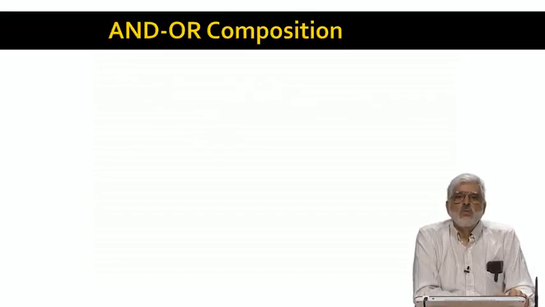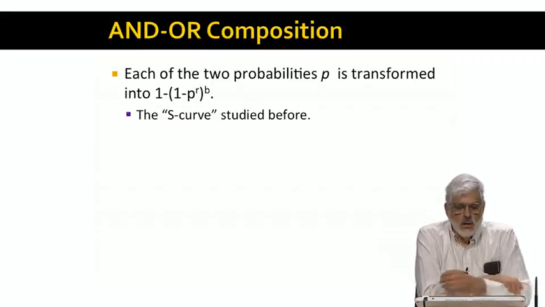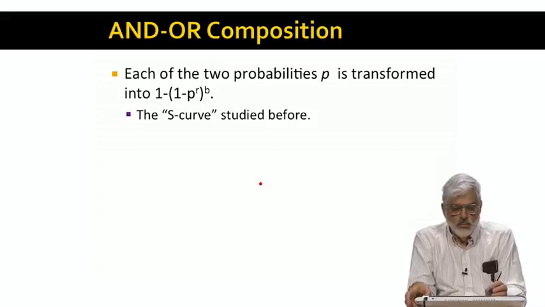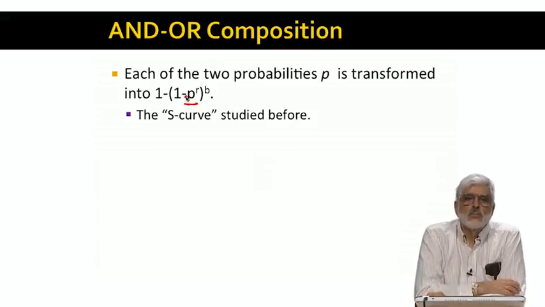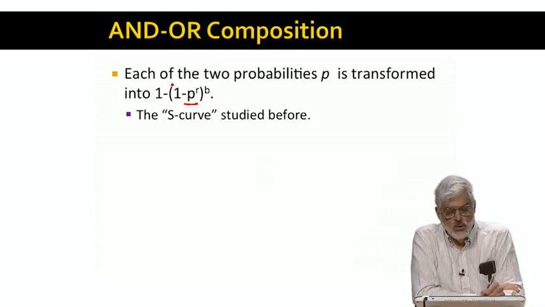But suppose we do the R-way AND construction followed by the B-way OR construction. The AND construction turns a probability P into P to the R. Then the OR construction turns P to the R into this function.